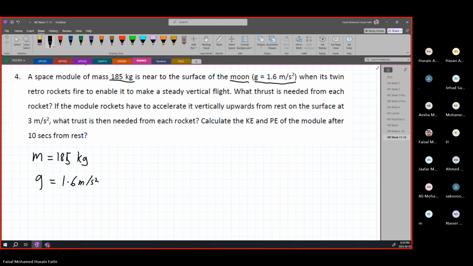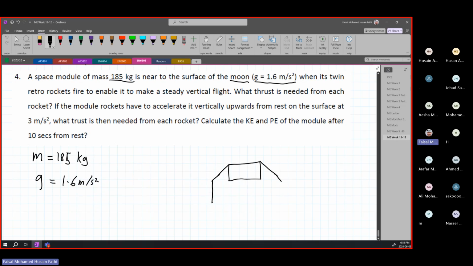I'm not going to draw a proper rocket ship, but let's say this is our rocket ship. It has its wings where there are thrusters. These thrusters have a thrusting force that is pushing it upwards. Let's call this F thrust, the force of thrust.